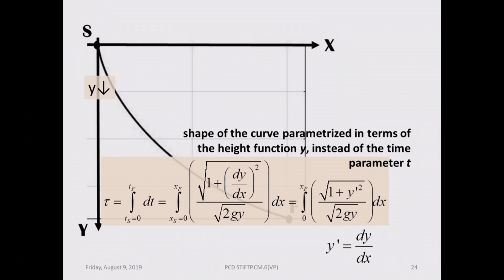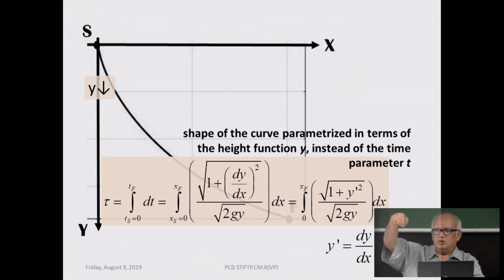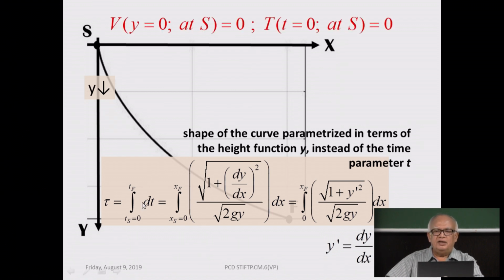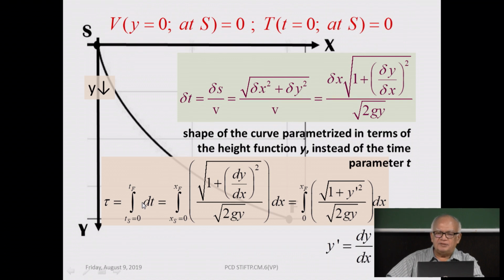If you want, you can call it depth, because you have chosen your 0 to be at the point S, right? Whether you call it height or depth is a matter of terminology, so I won't worry too much about it. And you are asking, when will this time be the least, okay? So that you have the Brachistochrone. So this is the relationship that you are trying to analyze, right?